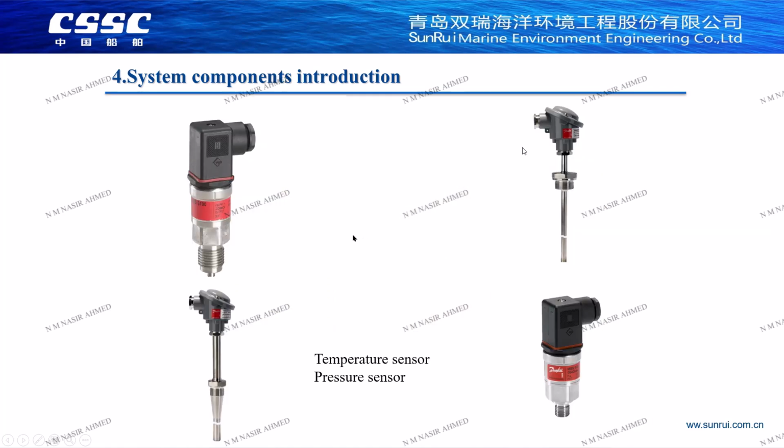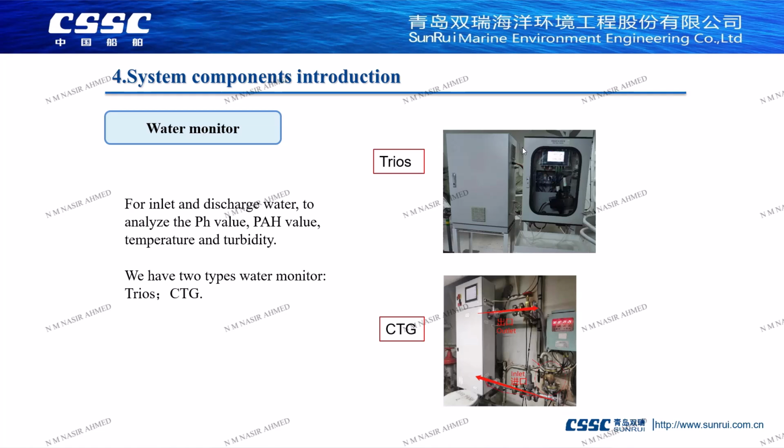In addition to that, there are some temperature sensors and pressure sensors. These sensors monitor the pressure in the waterway, including the temperature and pressure of the smoke. And then this is the water analyzer.